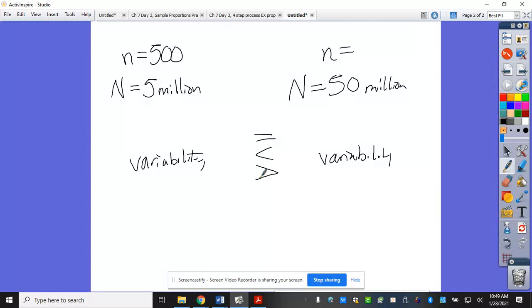The options are much less, slightly less, about the same, slightly greater, much greater.